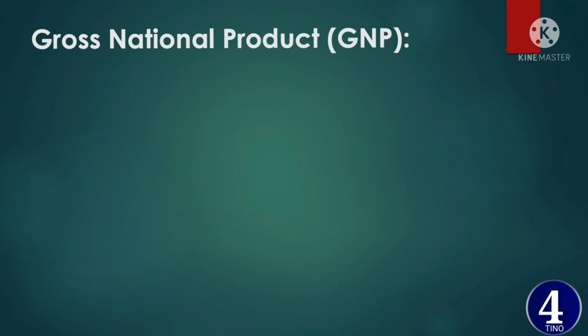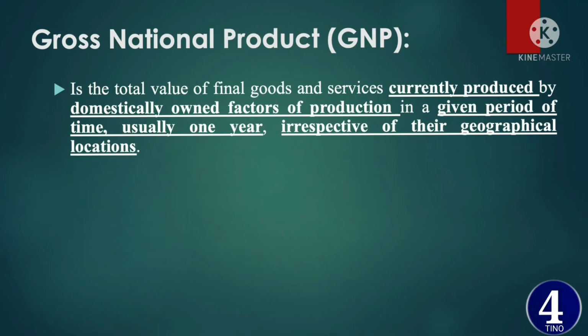Here we consider citizenship or ownership, not geographical location. So by definition, it is the total value of final goods and services currently produced as in GDP, but not only inside the boundary of the country.